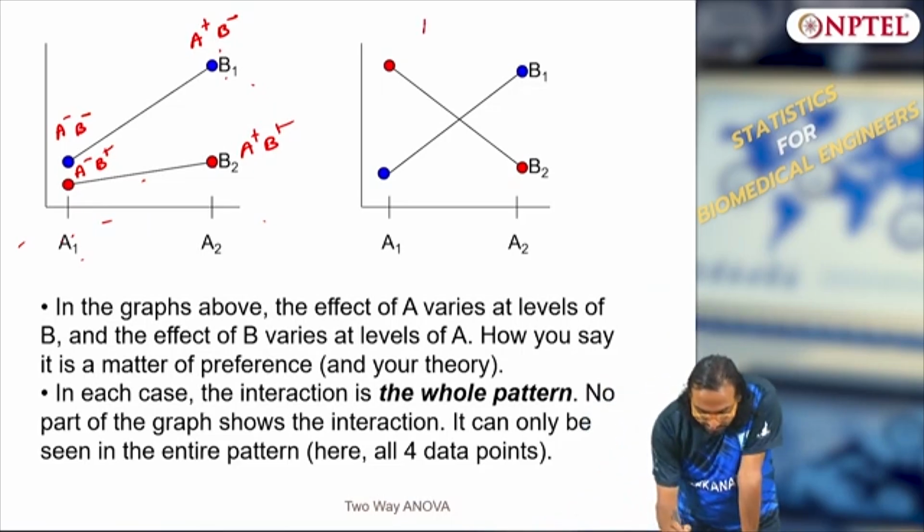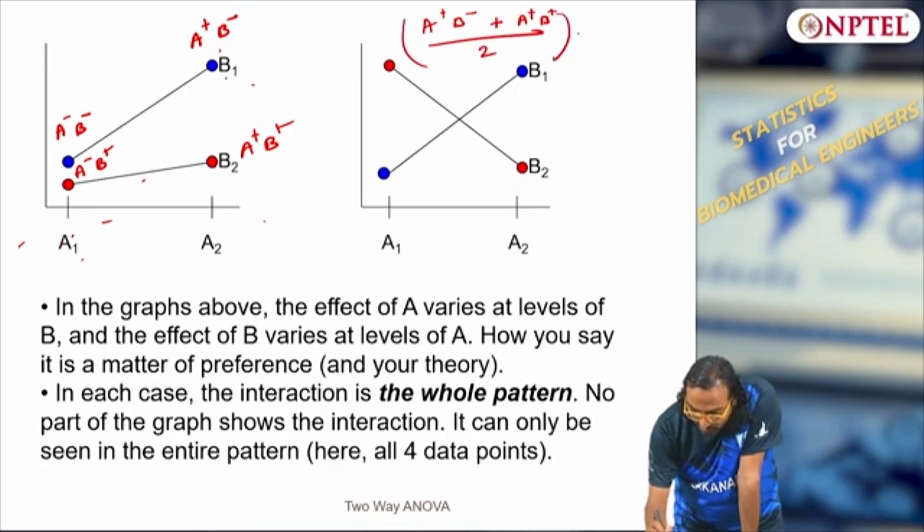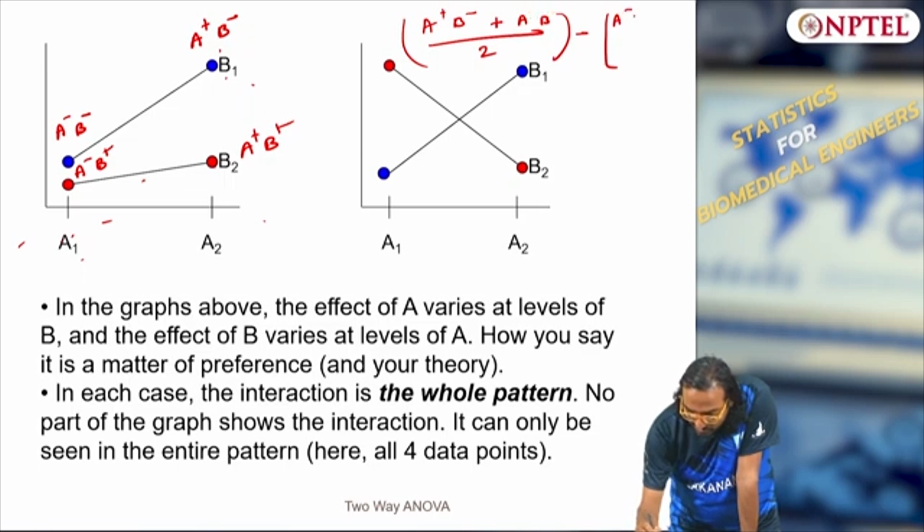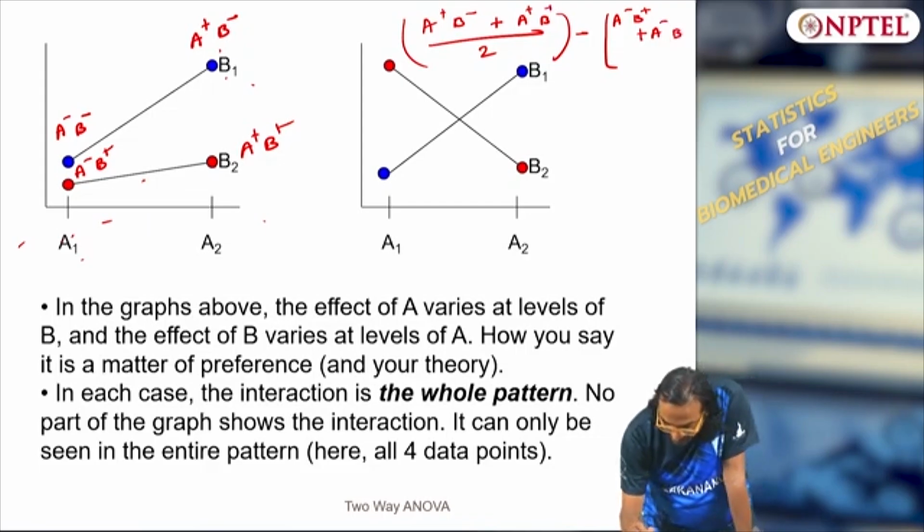A positive, B negative plus A positive, B positive divided by 2, minus A negative, B positive plus A negative, B negative.